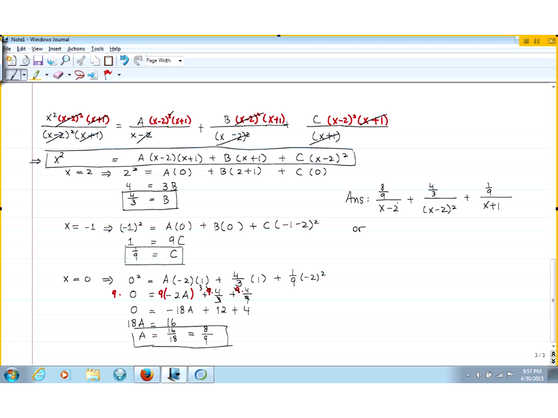Or, because these are complex fractions, I can write it like this: 8 over 9 times x minus 2, plus 4 over 3 times x minus 2 squared, plus 1 over 9 times x plus 1. These answers are good enough. Either we could use the top or the bottom one. It's up to us.